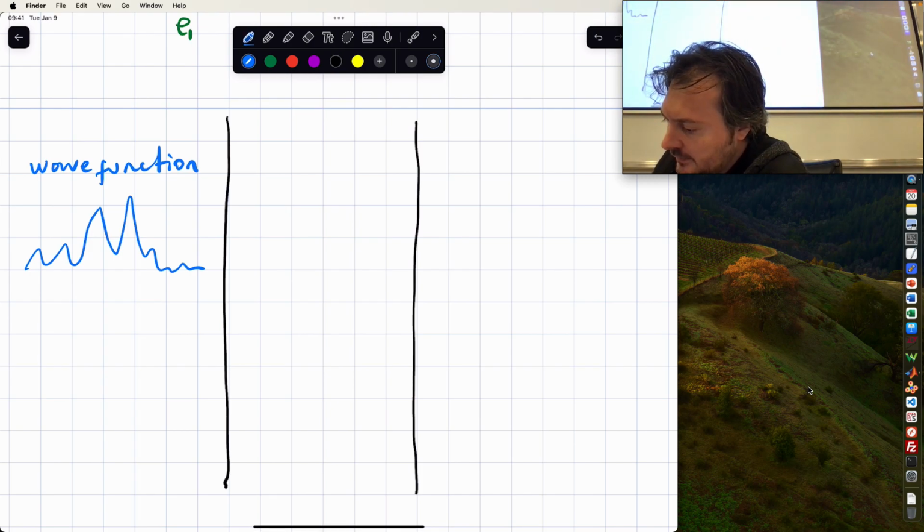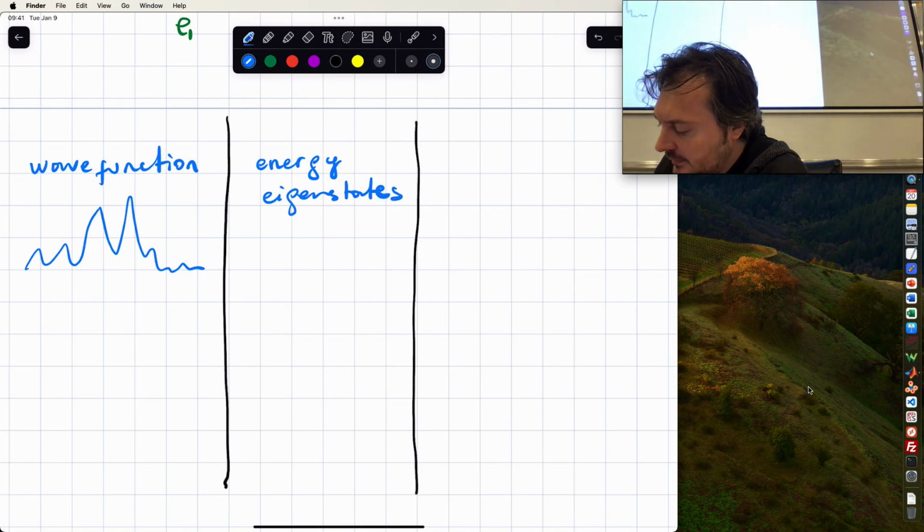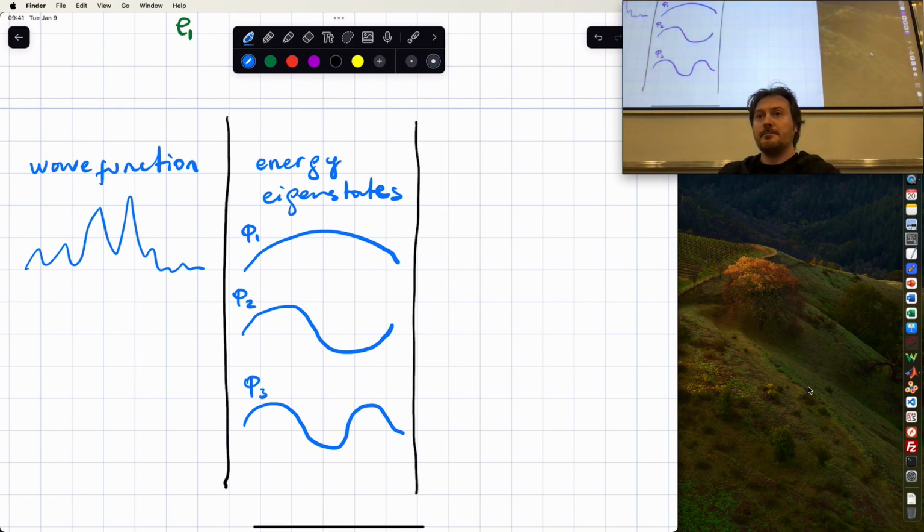And let's remind ourselves of the energy eigenstates for a particle in a box. Okay? What are they? They look like this, like this, etc. Right? So far, did you follow?